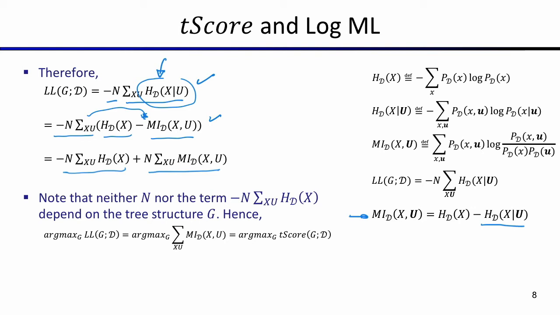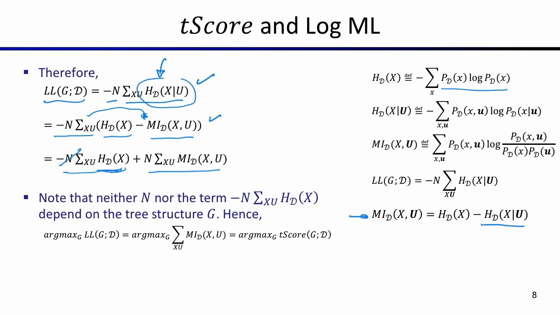If we analyze this expression, we define the log likelihood as a sum of two terms that involve the entropy and the multiple information. But when we analyze these two terms, we're going to see that first, this n here, that is the number of training cases that we have, will not change with the tree structure that we select. So we can remove this. If we look at this entropy term here, look at the equation of the entropy for a single variable, right?